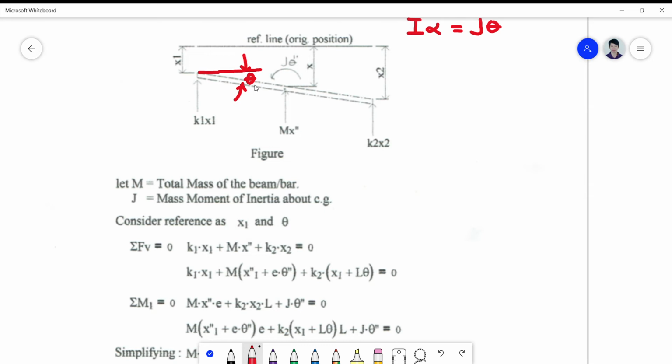So for the first summation, we have k1 x1 added to m x double dot added to K2 x2, which will constitute your summation of vertical forces. The summation of moments at 1 will only constitute these two forces rotating at this support, and your J theta double dot, which is also counterclockwise in this direction. That's why you will notice that these are all positive values.